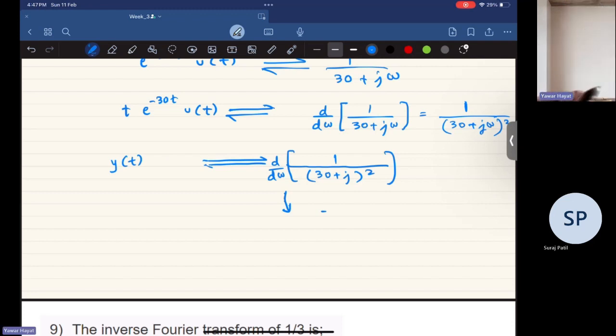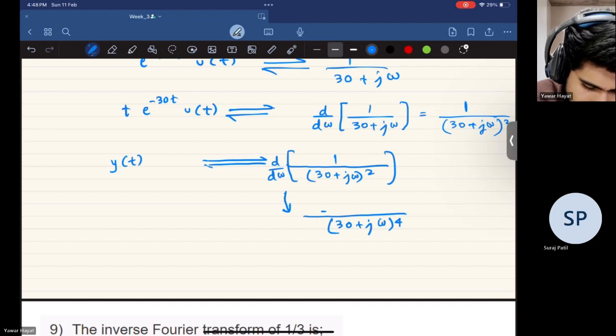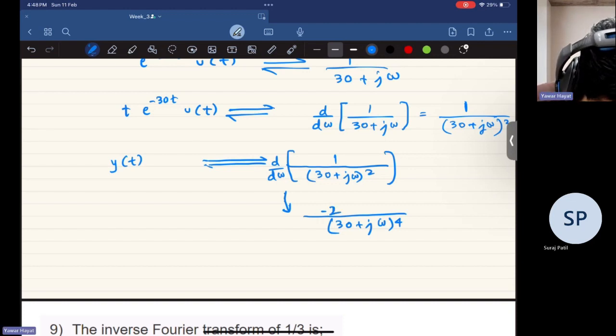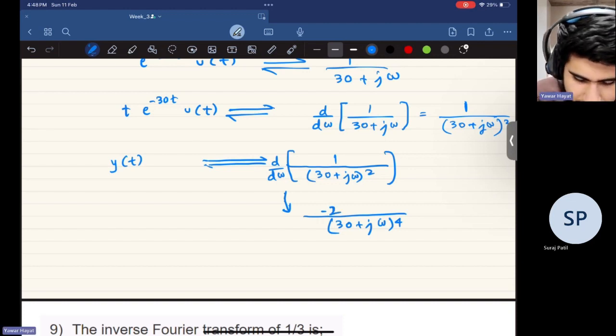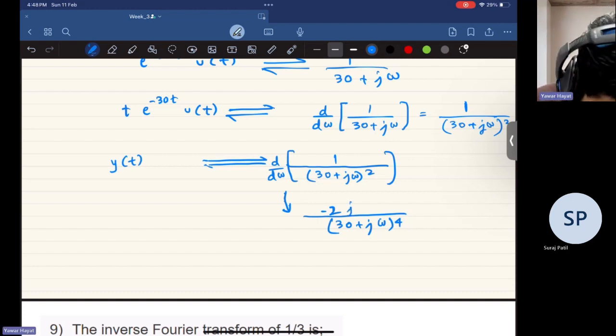I guess we'll figure it out. 30 plus j omega raised to the power 4, one times, in fact 2 times the differentiation of this, that is j.